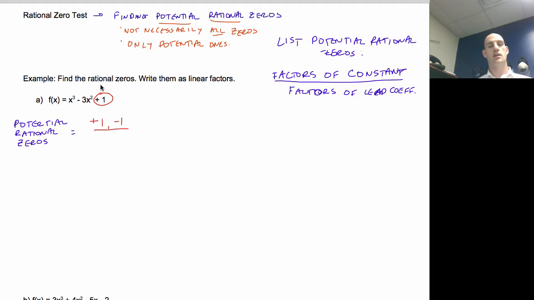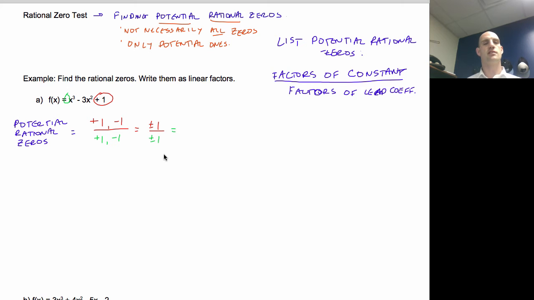The factors of 1 could be 1 times 1 or negative 1 times negative 1. Another way to write that would be plus or minus 1. On the bottom, we're looking at the coefficient here. So this one's also plus 1 or minus 1. Because it's a 1, it would be 1 times 1 or negative 1 times negative 1. So here we go. On bottom, we have plus or minus 1.